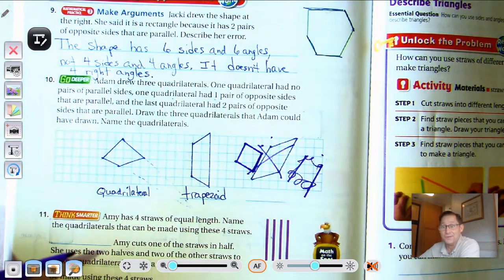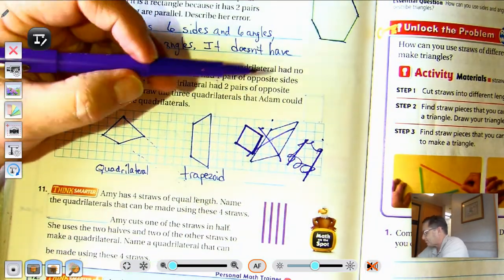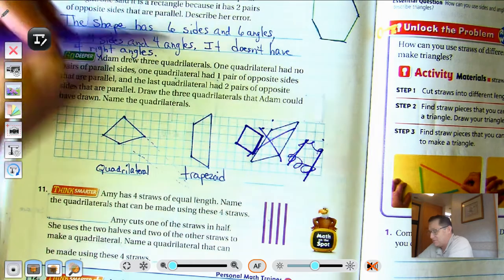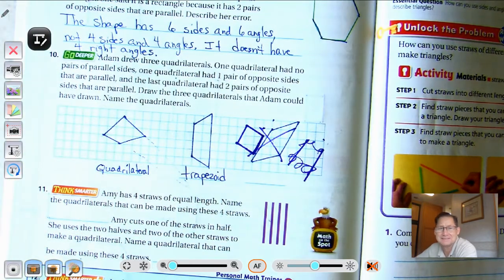So sorry about that. Try to get fancy. I should have just drawn a square. Okay. All right.